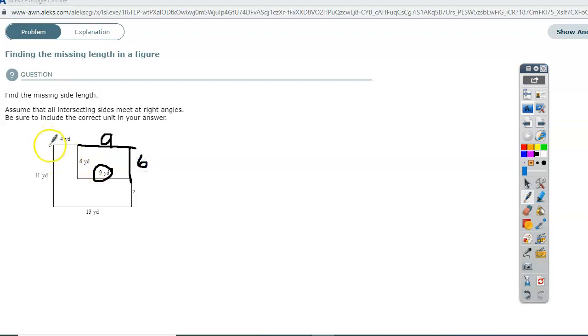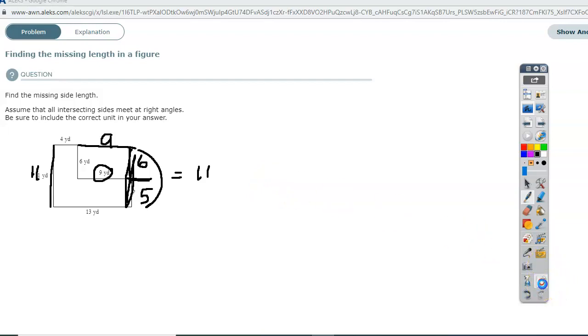All right, so this whole side has to match this whole side. So if this side right here is 11 and this little portion right here is 6, how much does this have to be? 5. Because 6 and 5 equals 11.